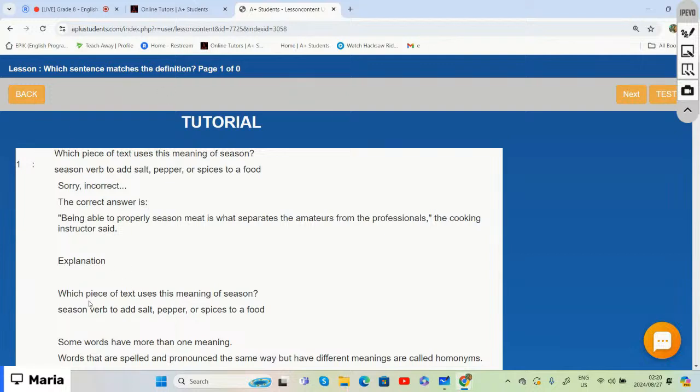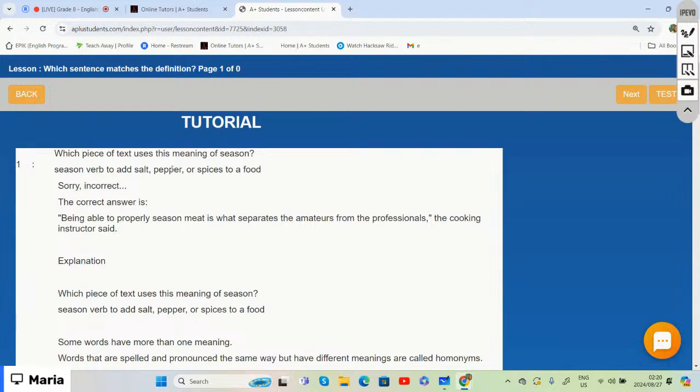All right. It says, which piece of text uses the meaning of season? So which piece of text uses this meaning of season? So season, right?